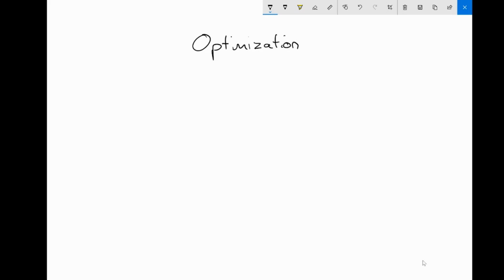Optimization is a very important economic tool, or mathematical tool, I should say, for the study of economics. The reason why it's so important is because, as we spoke about in class, we are assuming that agents behave rationally, or according to rational choice theory.